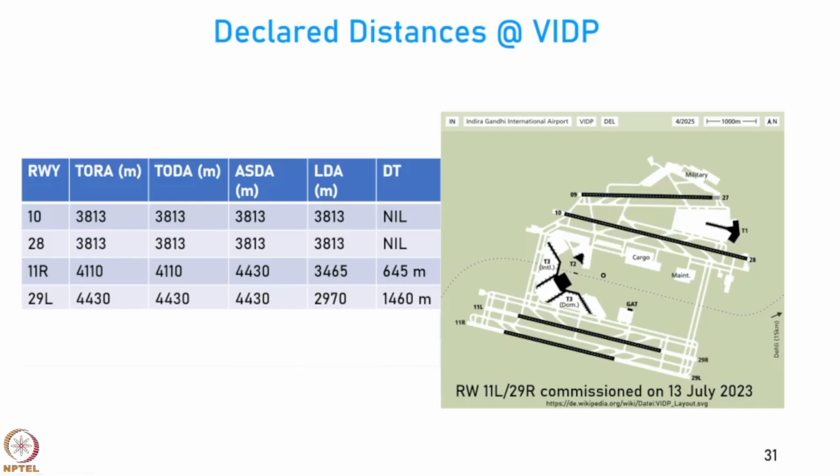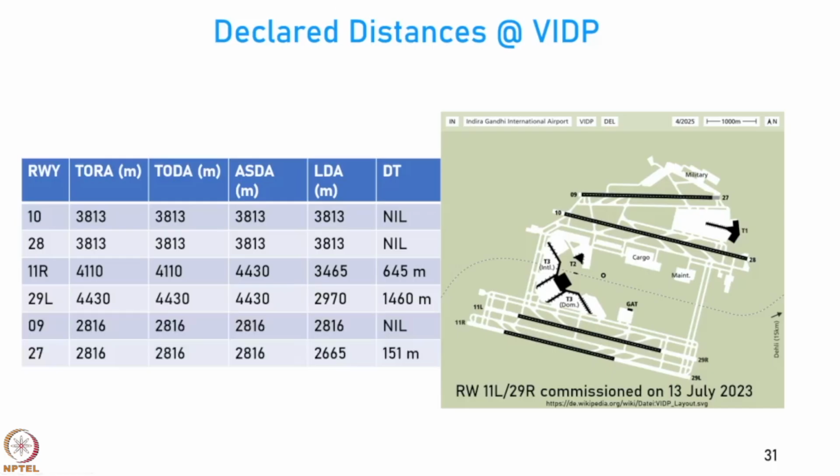As I mentioned, it only affects the LDA. And then you have the last one, which is 09/27, the small runway that you have. This was always there, mainly used by the military. In this you can see that there is no displaced threshold at this end, so there is no reduction, but here there is a small displaced threshold, and therefore, the value of the LDA has been reduced from 2816 to 2665.